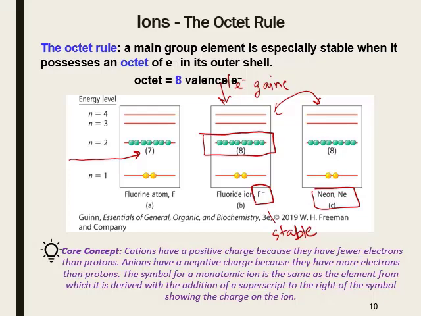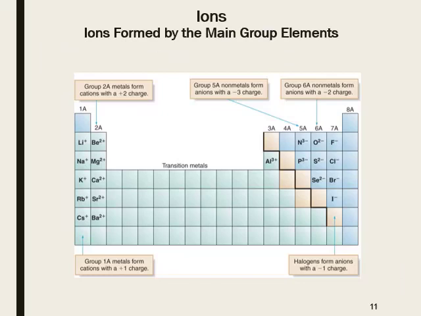So this is known as octet rule. So far, we have learned that ionic compounds are formed when metals lose electrons and nonmetals gain electrons in order to achieve stability. This stability is achieved because after losing or gaining electrons, metals and nonmetals achieve a fully completed valence shell, or they have 8 electrons or octet of electrons in their valence shell, which makes them stable.